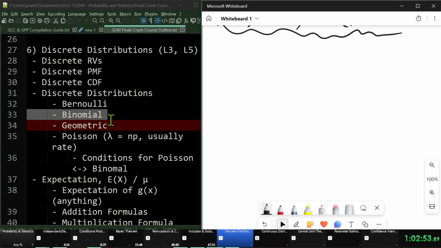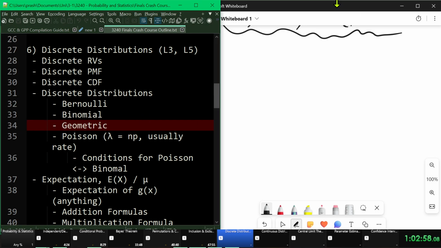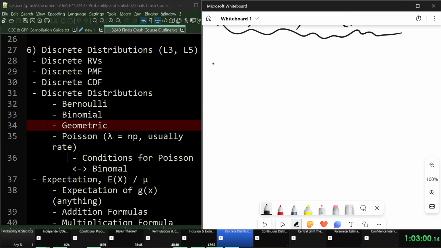Now let's go to geometric. This is the next kind of discrete distribution. So a binomial trial is used when a certain event either happens or it doesn't. You either succeed or you fail.